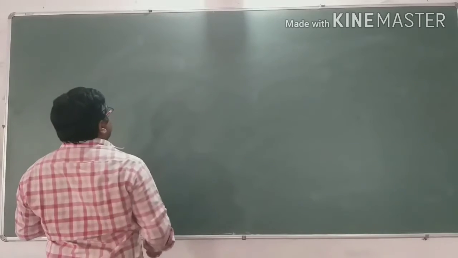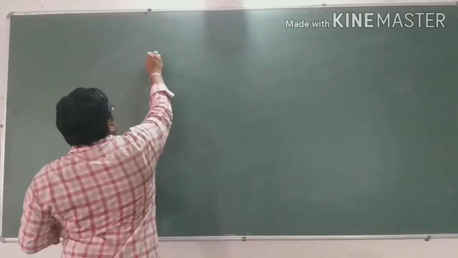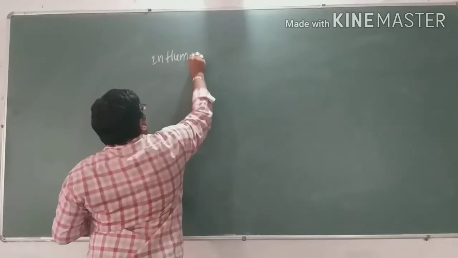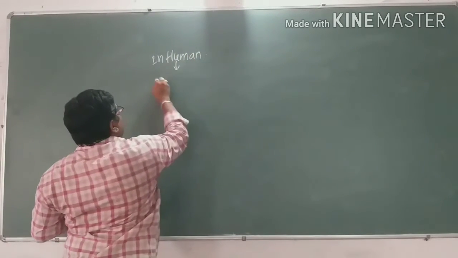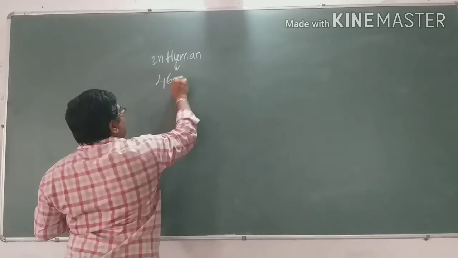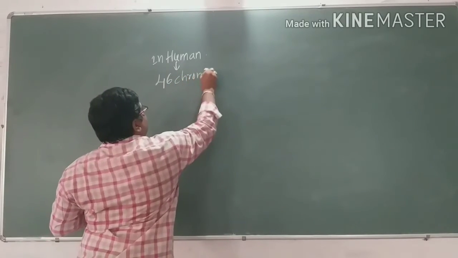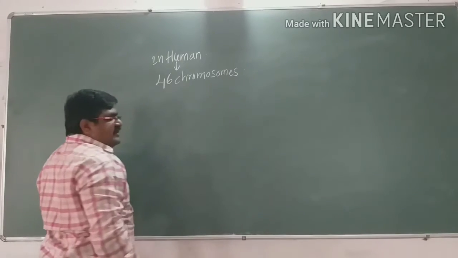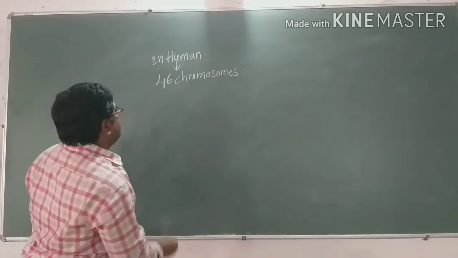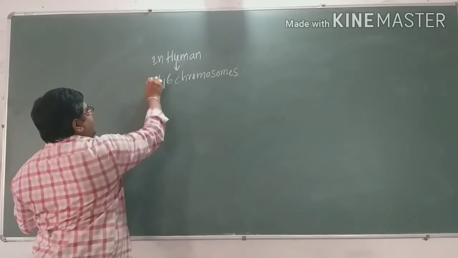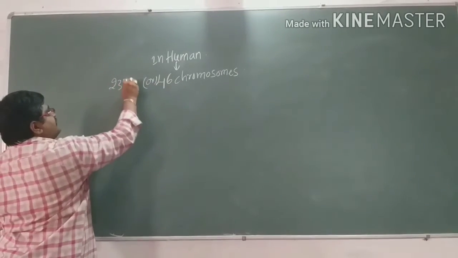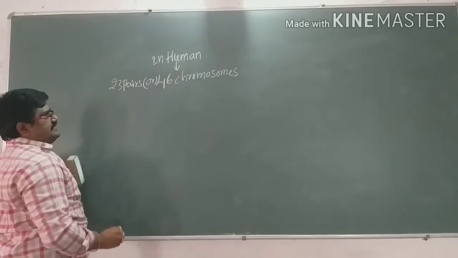In humans there are 46 chromosomes, or otherwise we can write 23 pairs of chromosomes.